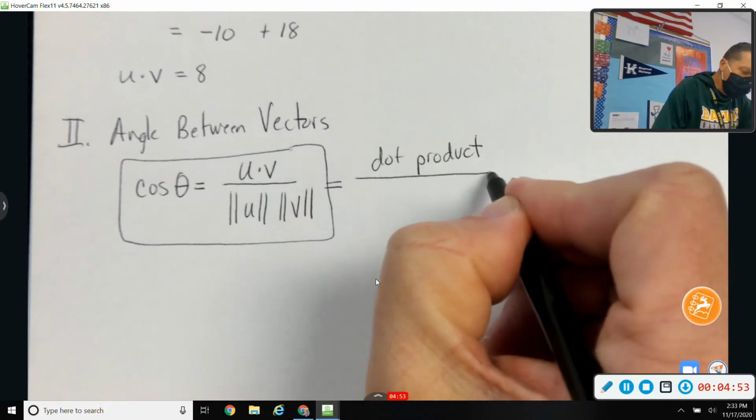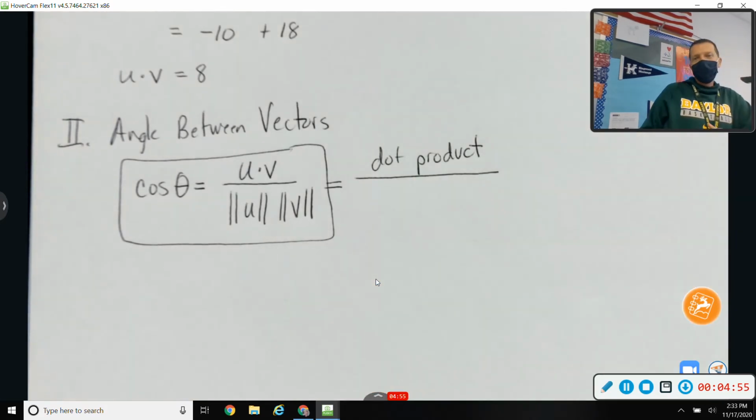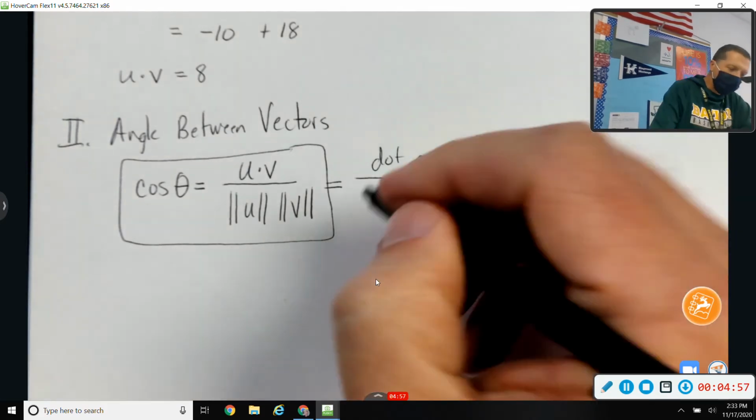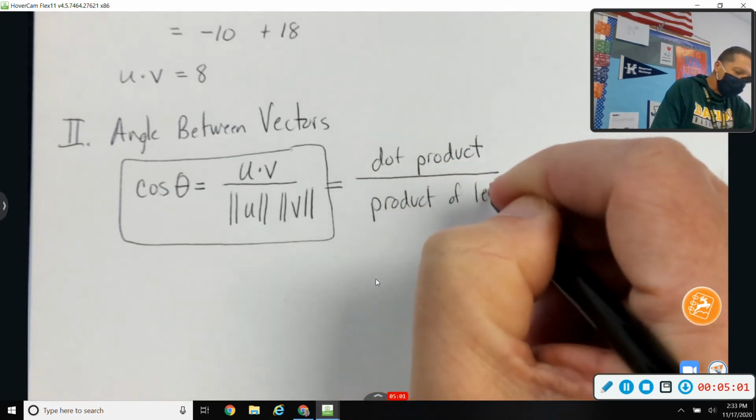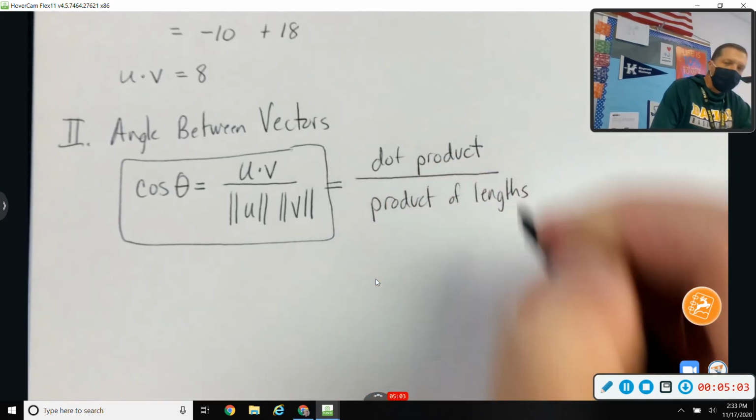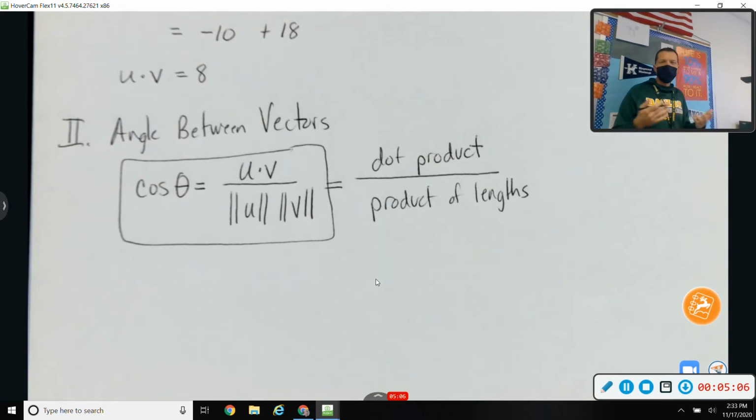If you prefer, maybe it helps to see it as a word formula. That's the dot product over the product of lengths. I mean, that's not anything new or different. It's just a different way to say what the formula is. Some of the less mathy people prefer a word formula to a symbol formula.